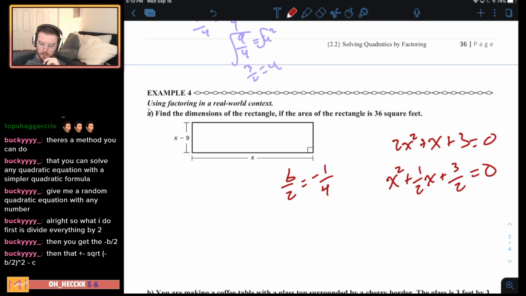So -1/4 plus or minus the square root of negative b over 2 squared. So that'd be 1/16 minus 3.